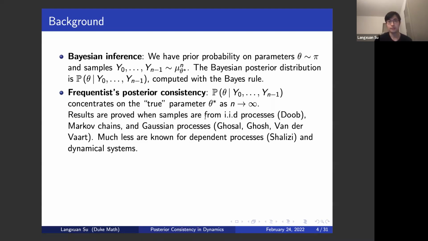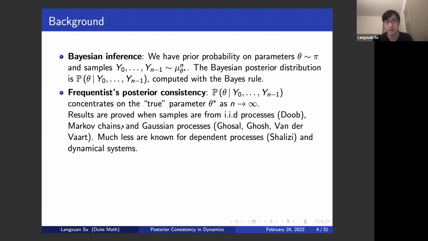If we consider the underlying distribution of these samples, there are many results proved when the samples come from IID processes, proved by Doob with maybe some nice application of martingale theory. And also there are many results when the samples are from Markov chains, and also Gaussian processes. When you look at the work of these people, you can see a lot of posterior consistency results for samples coming from these relatively simple processes.